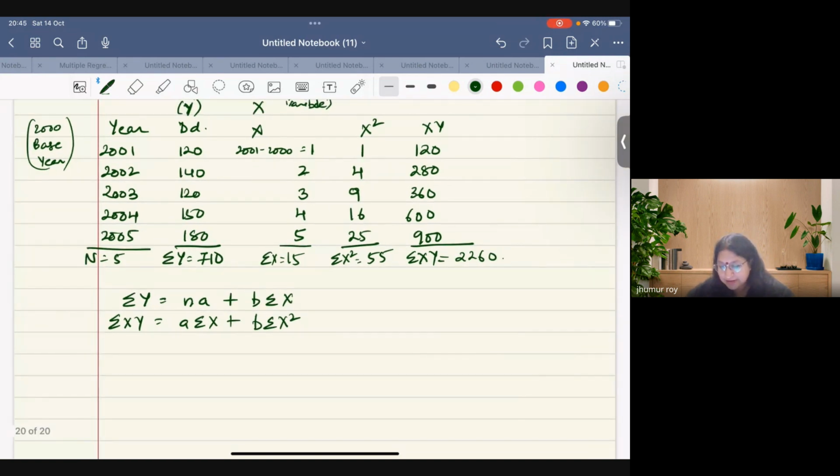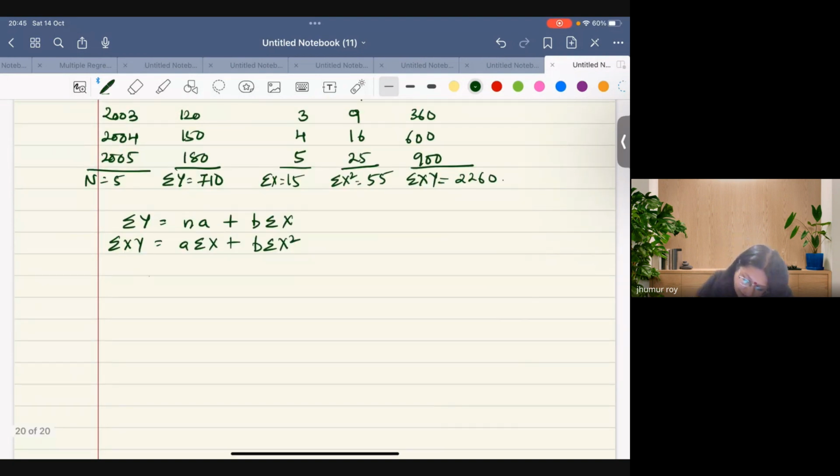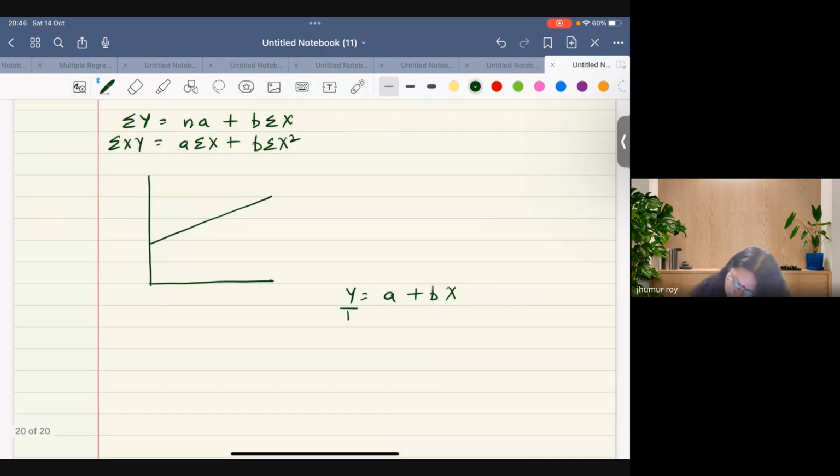Now let me just explain what you are wanting to find over here. Whenever we draw any line, the line is written as y is equal to A plus bx. So y is your dependent variable, because in this case we want to find out whether demand is changing with time.